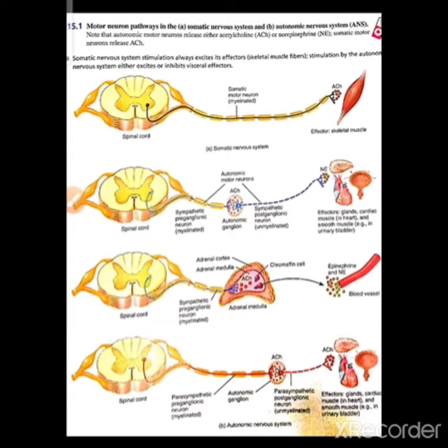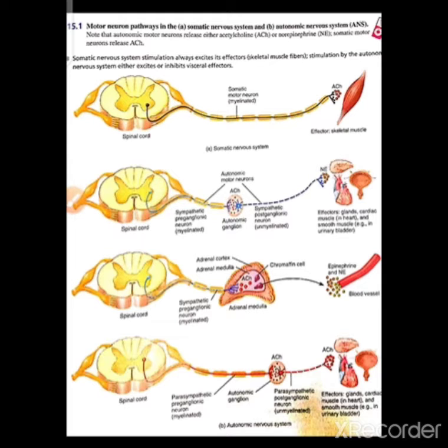The sympathetic division is the excitatory part, and the parasympathetic division is the inhibitory part. For example, when you need an increase in heart rate, the sympathetic division is activated. When the heart rate is too high and your body needs to reduce it, the parasympathetic division will get activated.